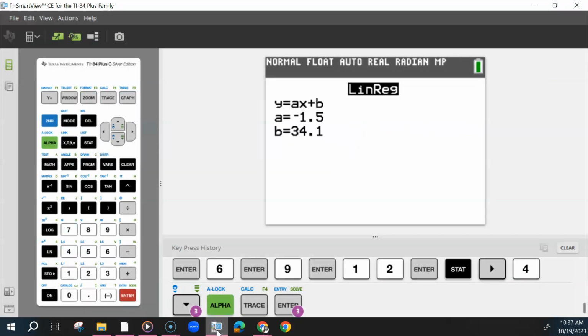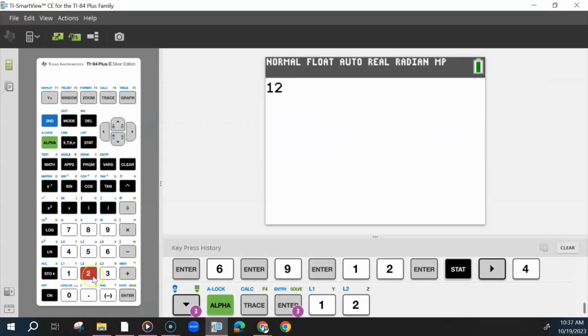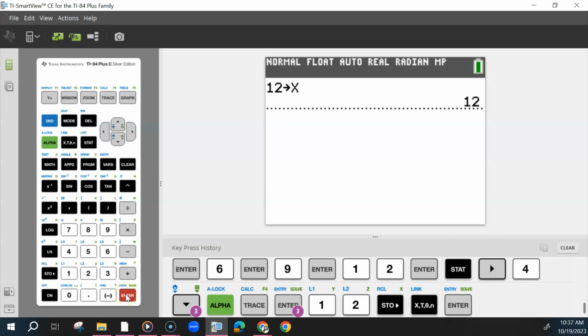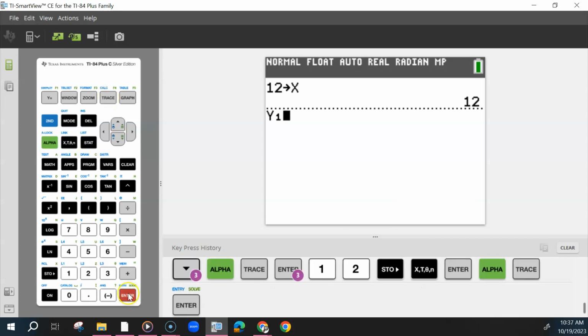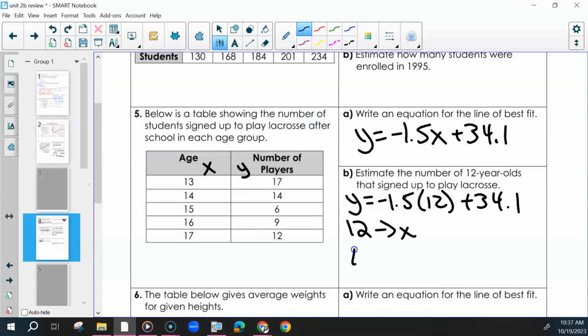So I'm going to do the second one, 12 STO x, hit enter, and then alpha trace and hit enter twice. So 16.1. 16.1 players. Make sure you're putting your labels on these.